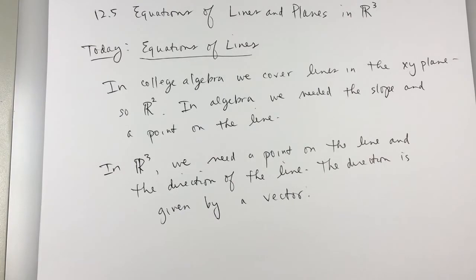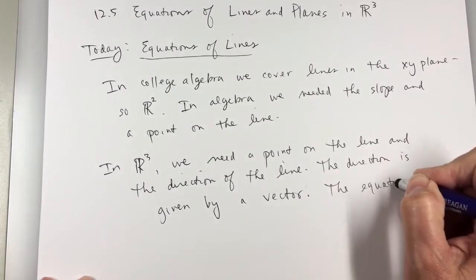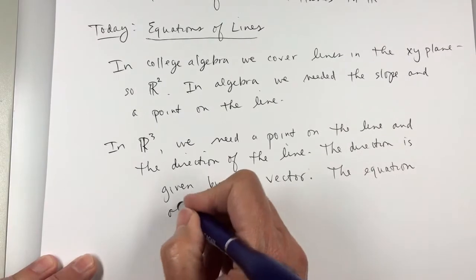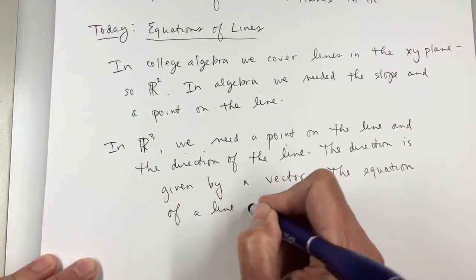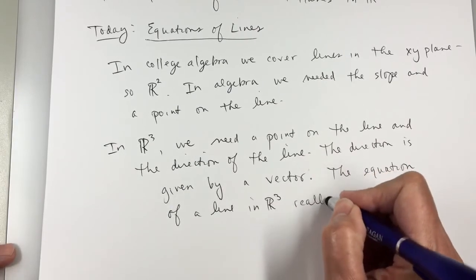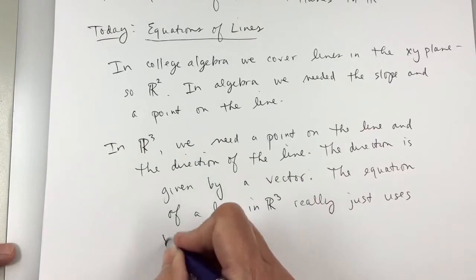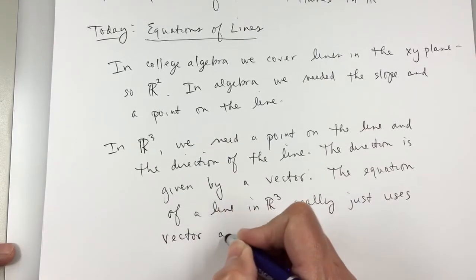And the equation of a line really just uses some vector addition. So I'll write that. The equation of a line in R3 really just uses vector addition.